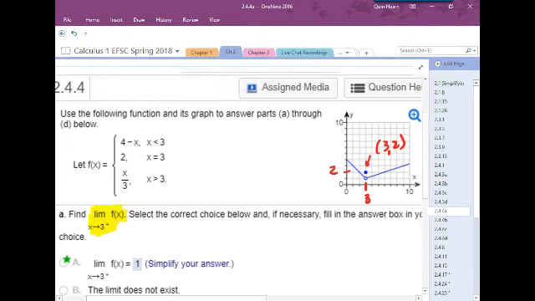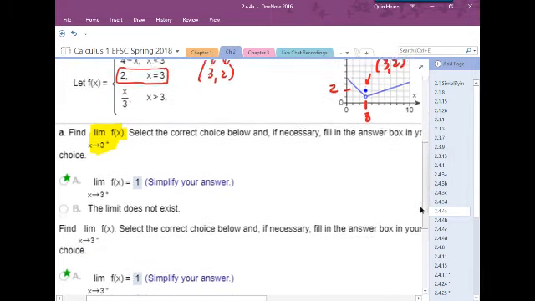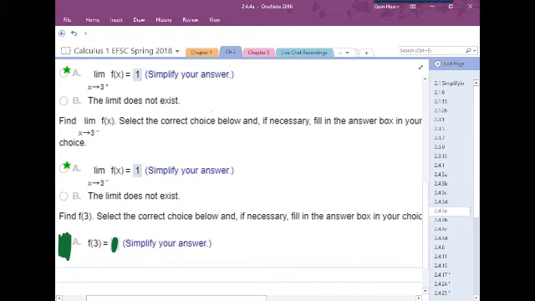The equation for the function is this big complicated thing here, and it says when x is 3, the y value is 2. So 3, 2, when x is 3, f of x, or the y value, is 2. So coming back to this part down here, we want to know what is f of 3. It's equal to 2.